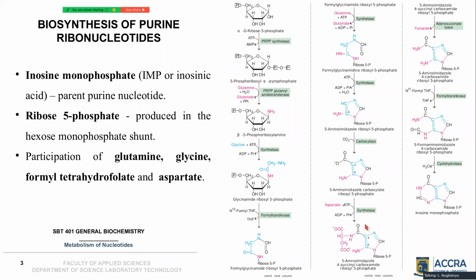Then you also see that along the line, there is a release of fumarate. Fumarate too, we have seen as an intermediate in the tricarboxylic acid cycle, the TCA cycle. So here again, you see a connection with carbohydrate metabolism, because this fumarate can then go into the TCA cycle.